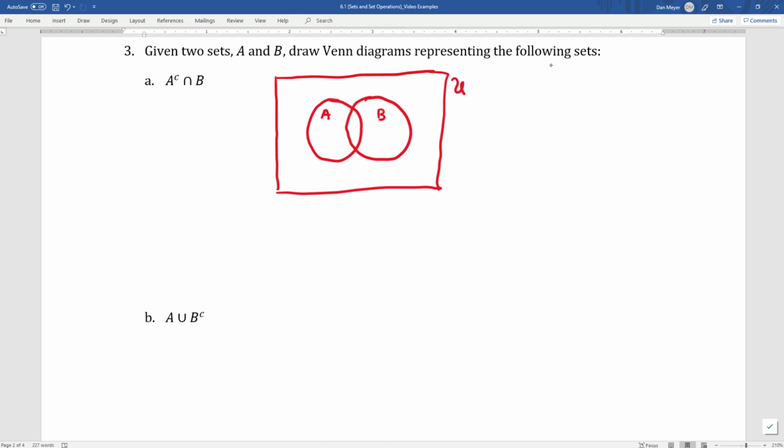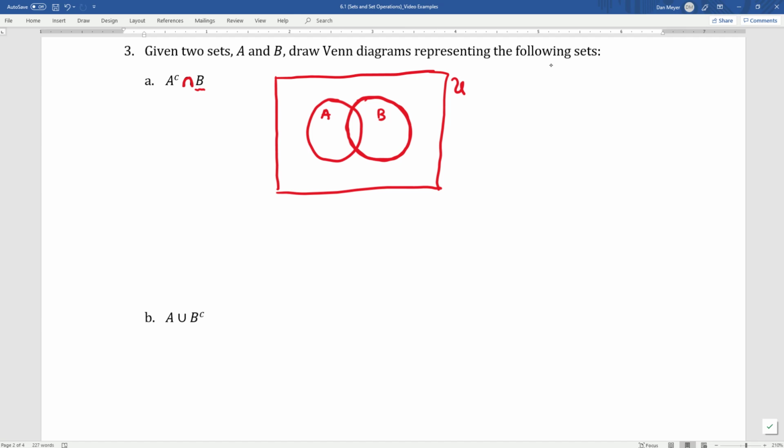So for A complement intersect B, we're looking for the visual depiction of the things that are in A complement and B. Now I think it's easier to look at B first. If we know that our element is in both sets, we know that we're restricting ourselves to being inside the B circle. Again, this intersection means we're focusing on only the things that are in both sets.